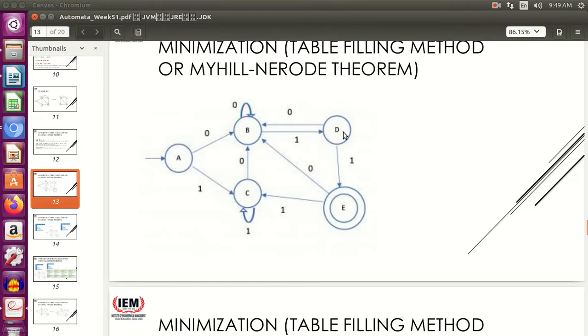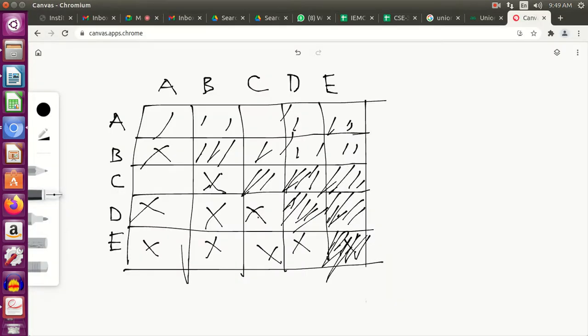Since out of the pair CD, D on getting a 1 is going to E, which is already a marked state, CD is also going to be a marked state. So any such pair which contains a state which goes to some next state which was already marked will also be marked. Therefore, here we will mark CD.